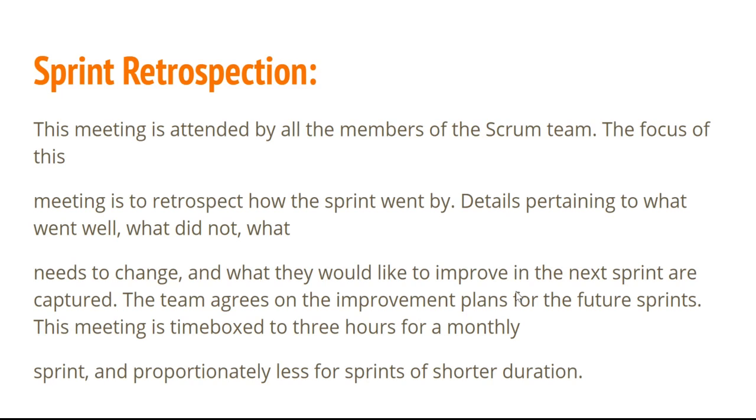In retrospective, we also have three criteria: what went well, what did not, and what needs to be changed. The sprint retrospective meeting provides an opportunity to improve in the next sprint. Here in this meeting, the team agrees on the improvement plans for future sprints.